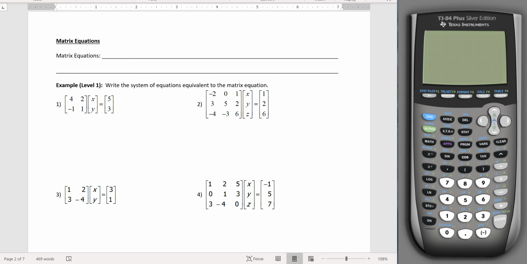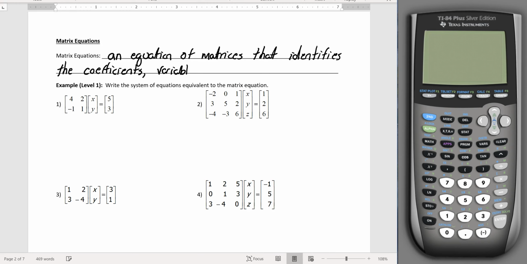So matrix equations are an equation of matrices that identifies the coefficients, variables and constants of a system.